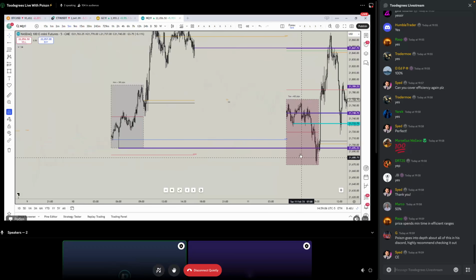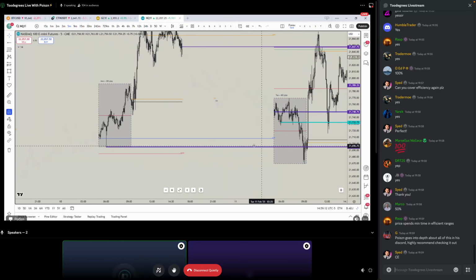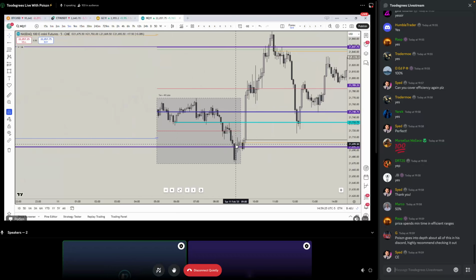We open up on this day. Let's get rid of this part right here. We open up, we tag the previous overnight session low right there. You got the idea there, say it. We tag the previous overnight session low right here. We look over to the left.